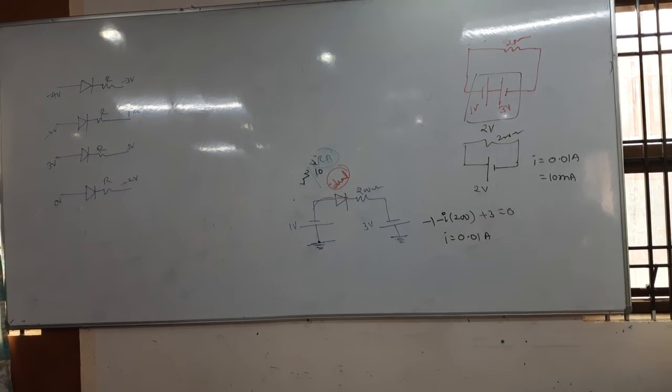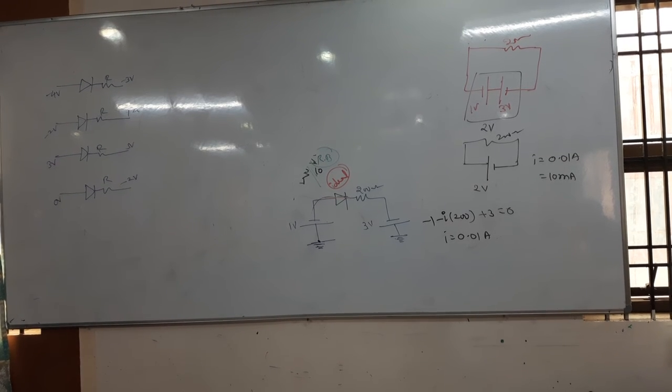Which one is forward bias? Third option or fourth option? This is a 5 here.